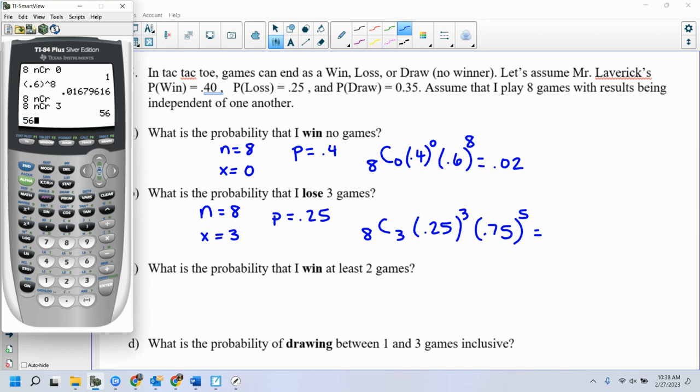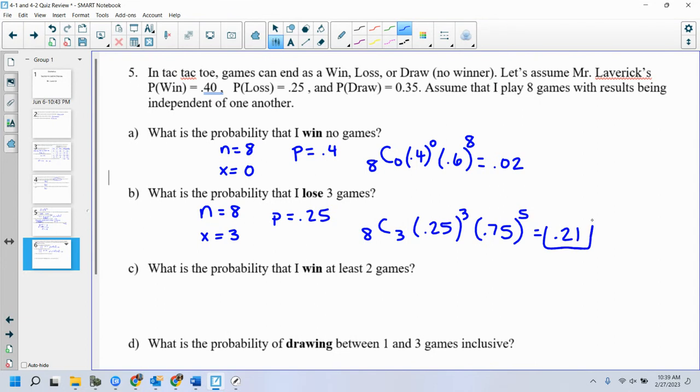I forgot my 56, times 0.25 raised to the 3rd times 0.75 raised to the 5th. That's 0.208, so 0.21. 21% chance I lose 3 games.